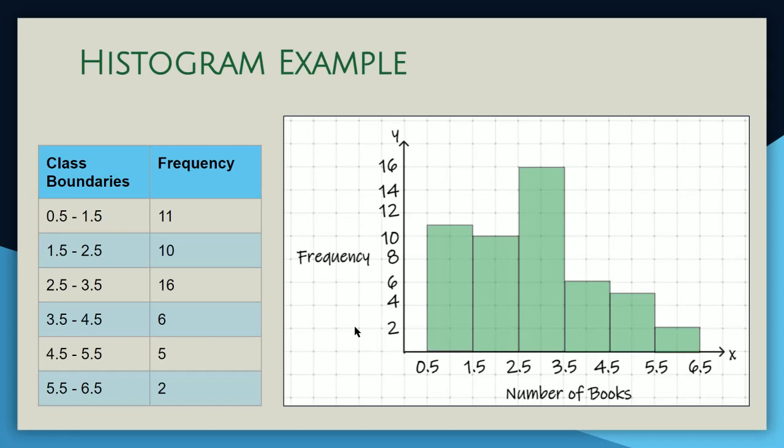So neon colors are probably not a good choice here. Different colors for different bars are also generally not a good choice unless those bars are coming from different data sets, and that's something we're not going to deal with in this class. So we generally want a uniform color and a nice, simple, but very clear and well-labeled graph.